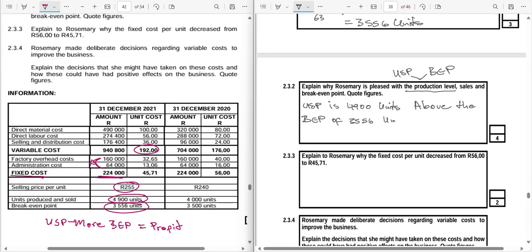So get me the difference there. I don't want to ask you twice. So you conclude by saying the company made a profit.